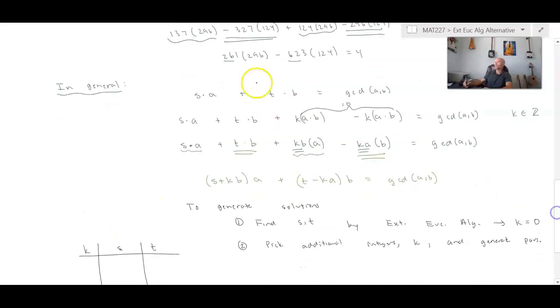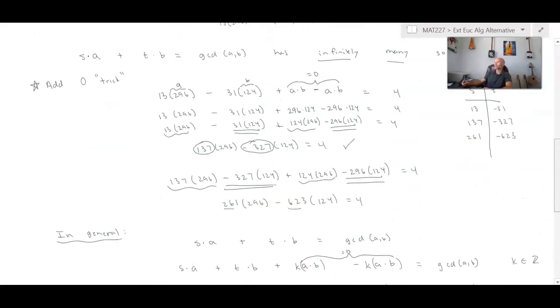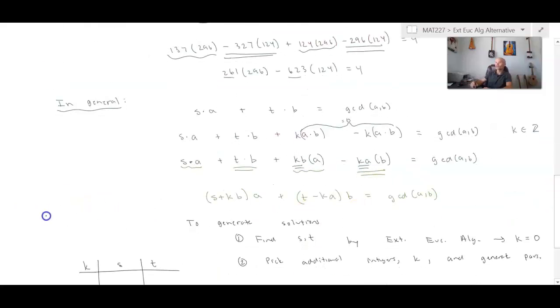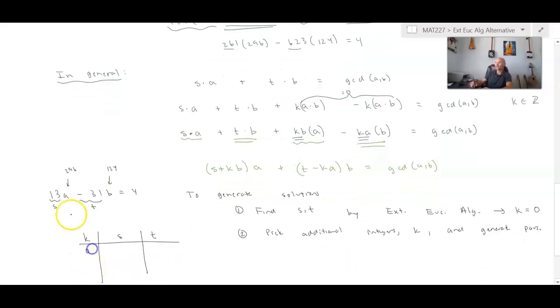And for our example up here, where we originally had 13a minus 31b equals 4. Now remember, a and b are just 296 and 124. And this is our value of s. This was our value of t. Now this is when k is equal to 0. By default, you find the s and t for a k of 0, because again, it's just sa plus tb.